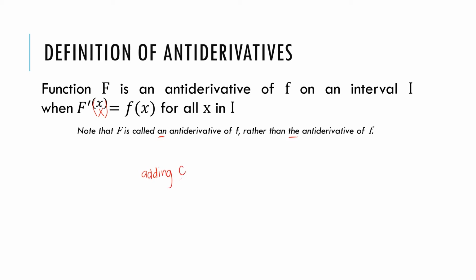Kaya meron tayong arbitrary constant C na na-add to take charge of this constant. Kaya may mga memes dati sa integral na pag walang plus C sa answer is mali na, which is true, saying it is needed. Okay guys, it is needed.